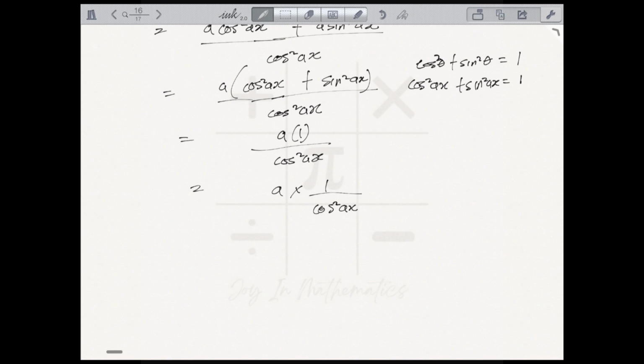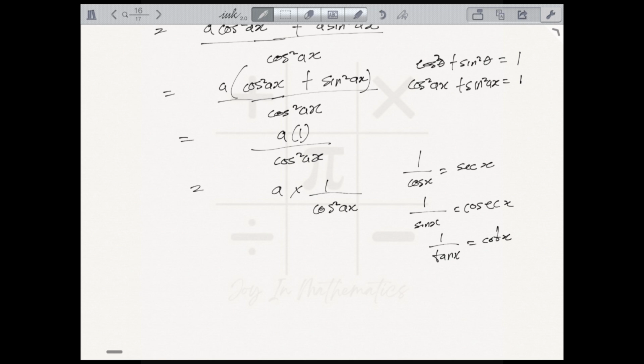Now, according to the trigonometric identities, we know that 1 over cos x is equal to sec x, and 1 over sine x is equal to cosec x. Likewise, 1 over tan x is equal to cot x.